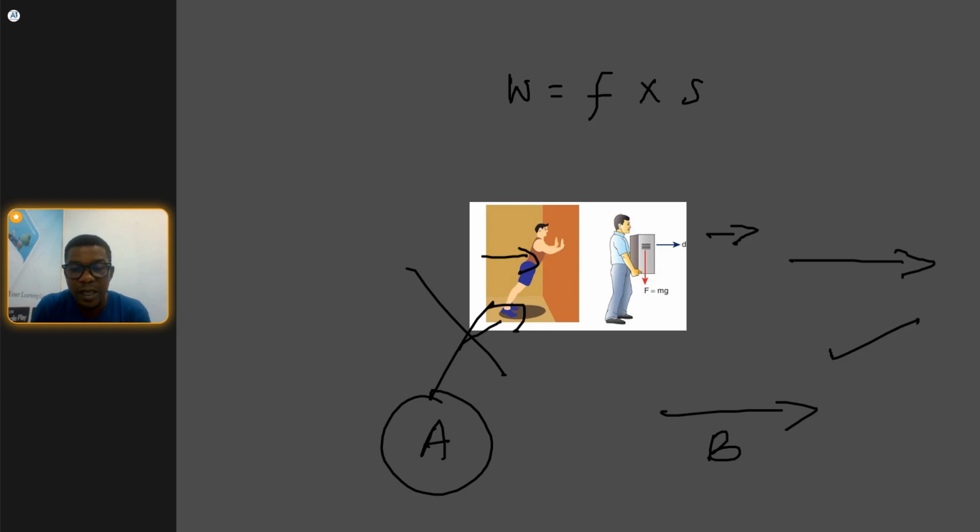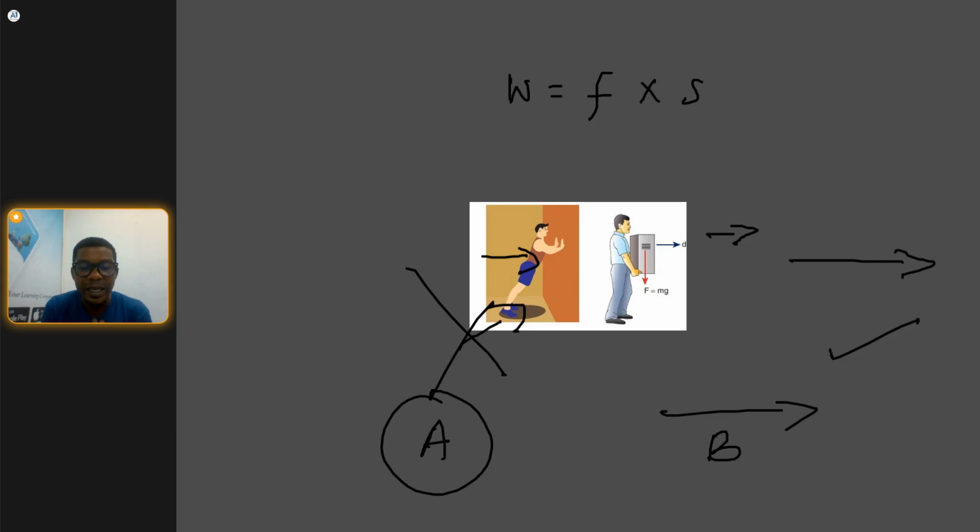So the man pushing the wall is not performing any work. He can be sweating seriously, but that does not mean he's performing any work, until there is a displacement of the object which he is applying force to, before we can consider it as work done. So the wall is not moving.